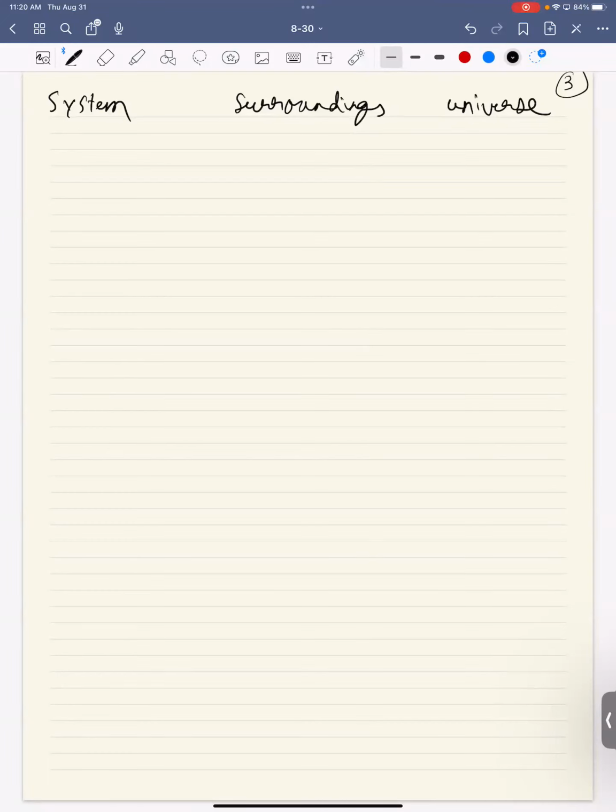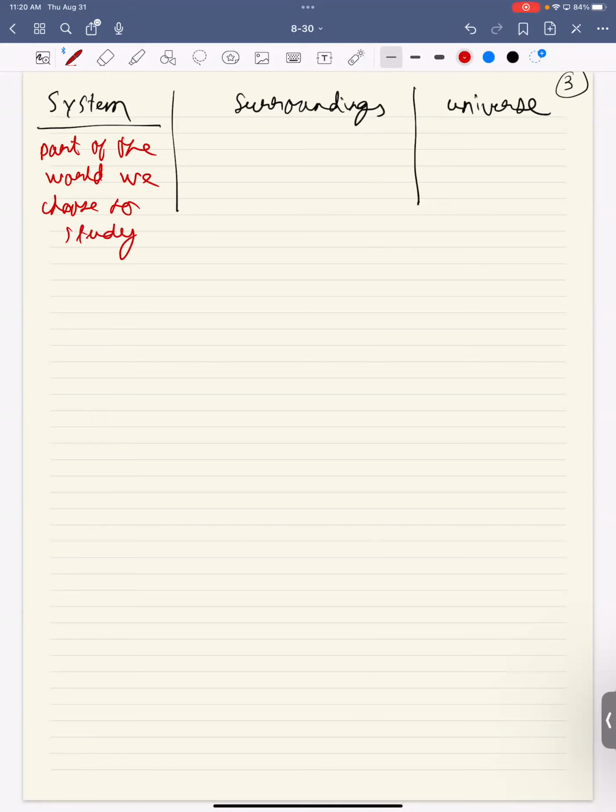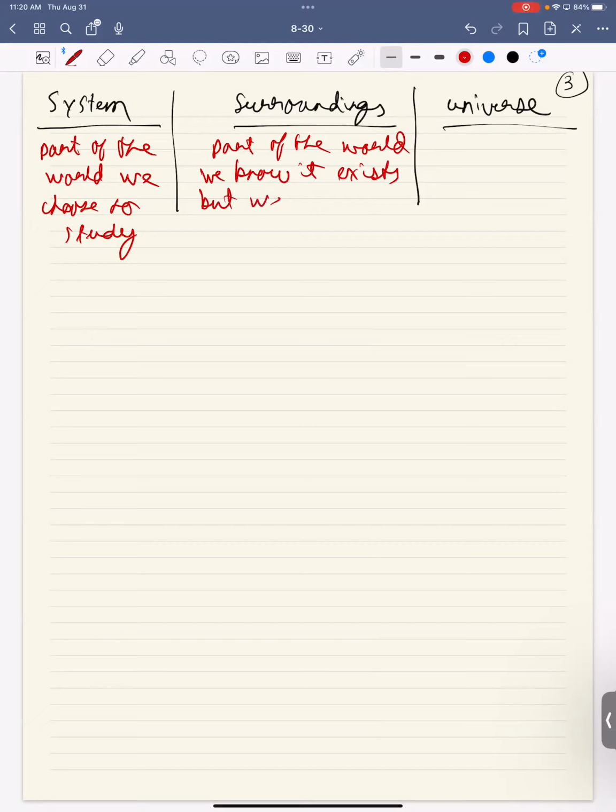So we want to talk about these three things: system, surroundings, and universe. And what are they? System is part of the world we choose to study. Surroundings is part of the world we know exists, but we don't really study.